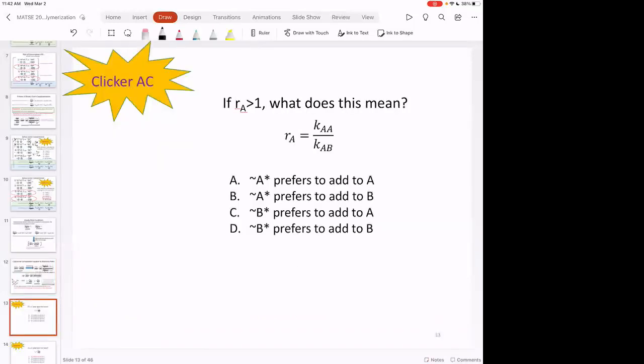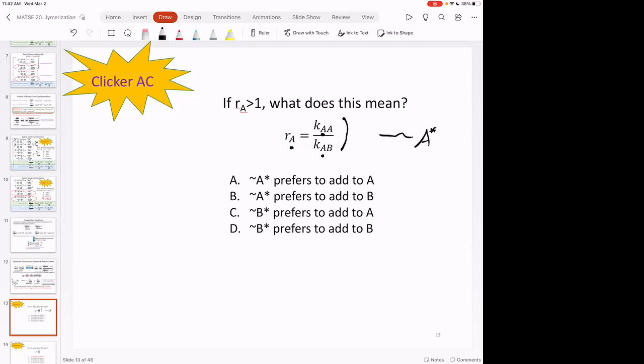All right, another clicker question. I think we're at 55 last time. That's excellent. So if RA is greater than 1, what does it mean? A nice part is that you remember what the definition of the reactivity ratio is. Remember, the letter here is the first subscript because we're talking about active center A star and what it's going to do.